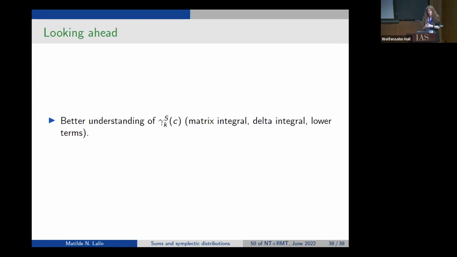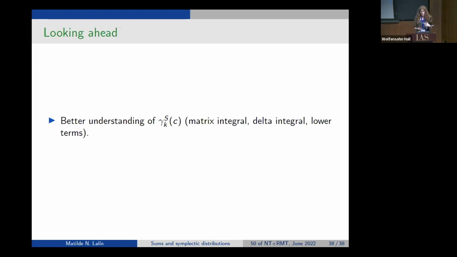It looks like we cannot get it, but maybe discussion in progress. So that's the delta integral, and then the matrix integral, a way of understanding this directly from the random matrix integral, and that we also still don't have because of this nasty term with x minus y dividing.